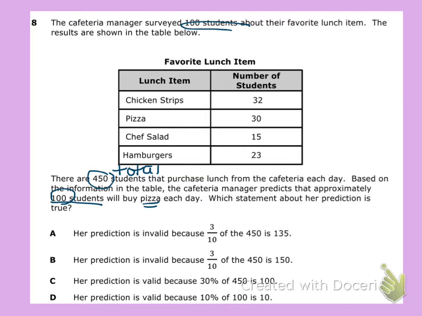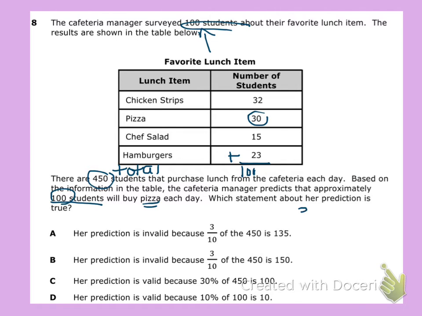So let's first look at, number of students is 30. So this is just surveyed. How many students were surveyed? If you were able to answer that question correctly, then you remember the beginning where it said 100 students were surveyed. So this means that out of 100 students, 30 picked pizza. Well, how would you write that as a ratio?